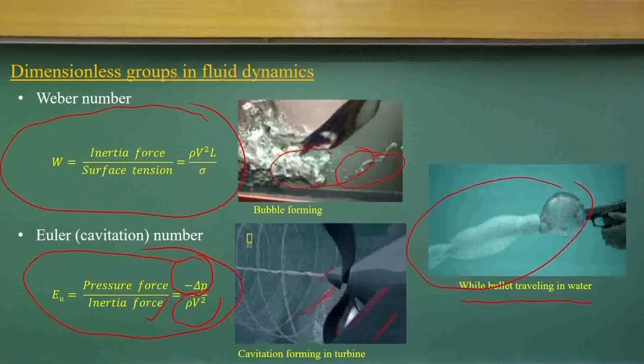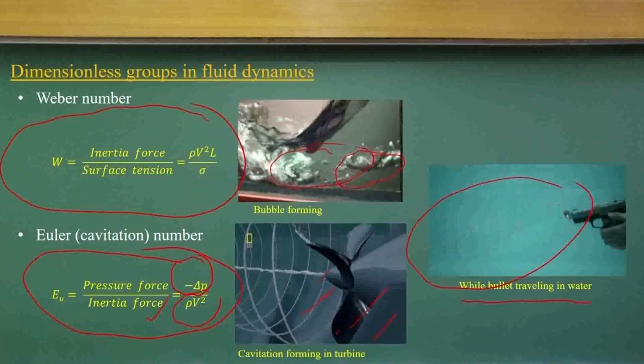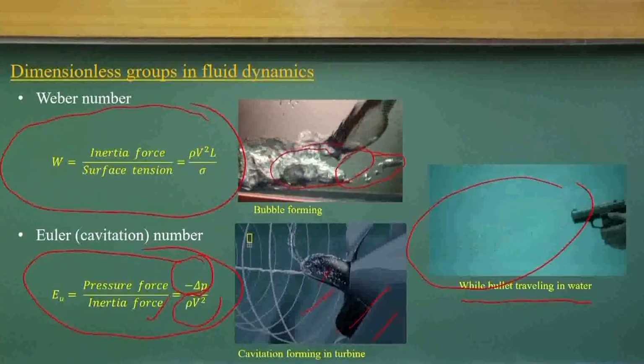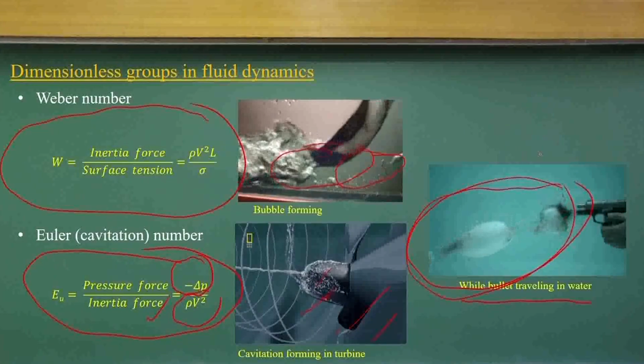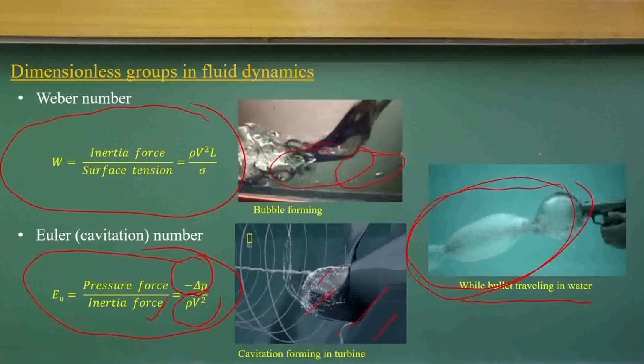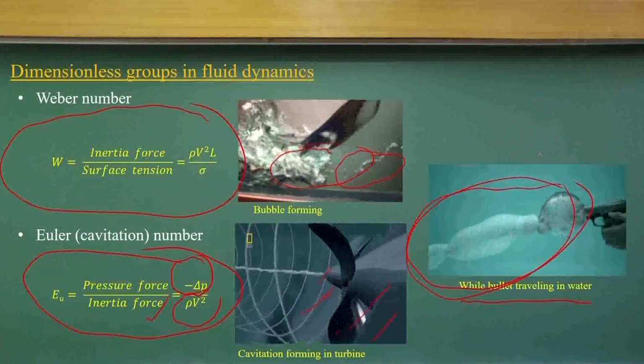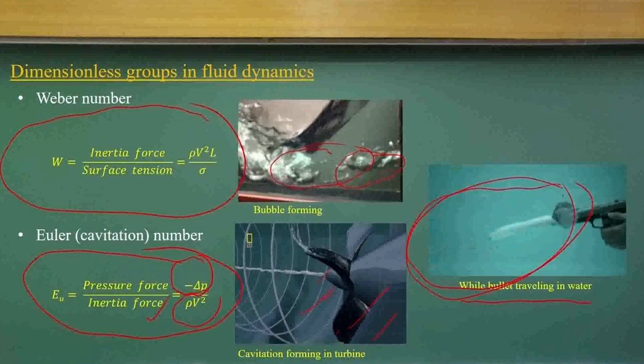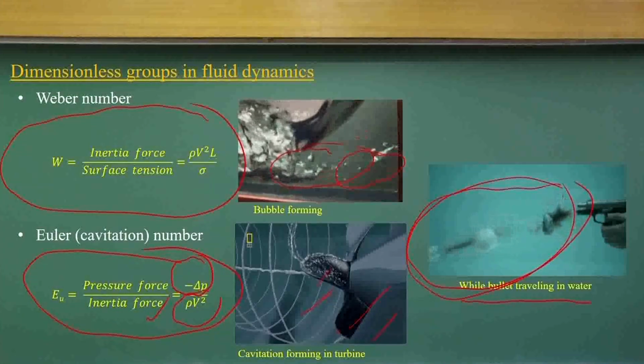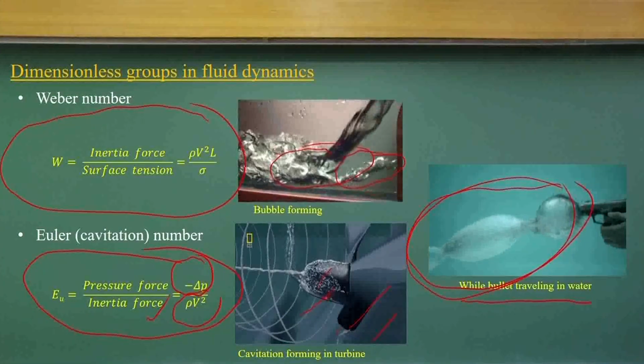It's because the inertia force dominance is there, surface tension dominance is there, and also there is a dominance of the pressure drop which generates the cavitation process. That's how water vapor forms, and those vapors collapse. If you look at that process, it's very interesting. What is happening is just firing a bullet in water.